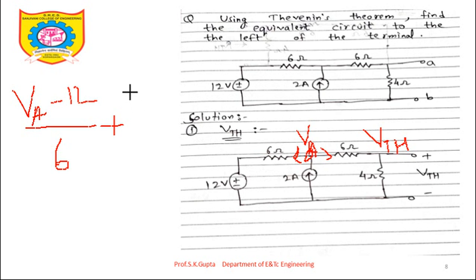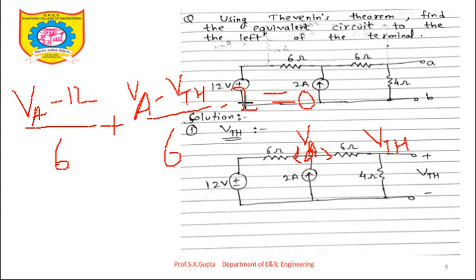So this will be this current value. Plus, okay, the incoming current, so this will be minus 2 equal to 0. So that minus term will go to that side, so it becomes equal to 2.